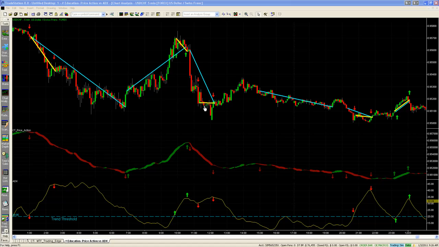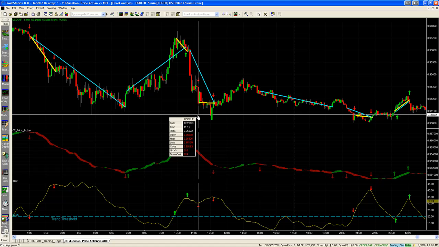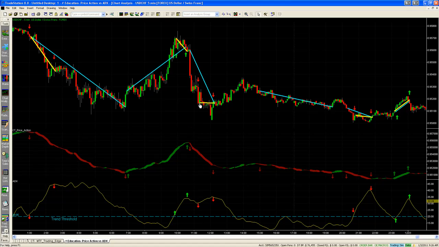Now the next one, it starts rising here and it stops rising here. So we basically have that bar, so we get in a short at the end of that bar, and we get out on the next bar after that one for pretty much a break-even type of trade.